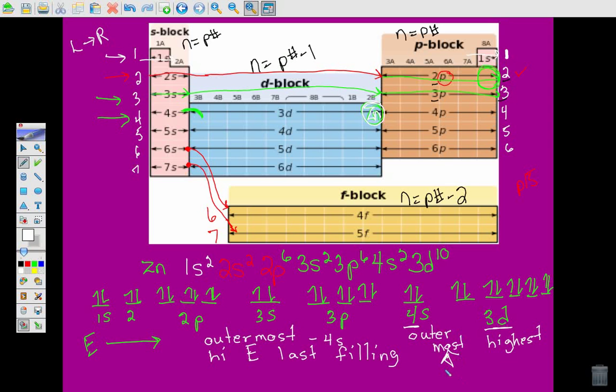Now remember, our outer S and P are also called our valence electrons. Now, to become an ion, if it's in the P block or the S block, the goal for those two is to reach a noble gas configuration. Okay? Now, nonmetals reach a noble gas by gaining, so these will gain electrons. The metals reach a noble gas by losing electrons.